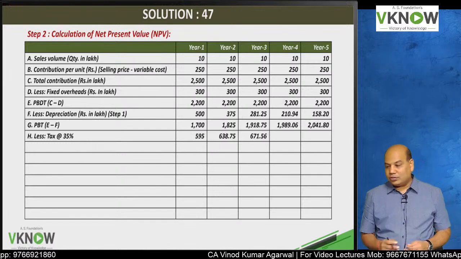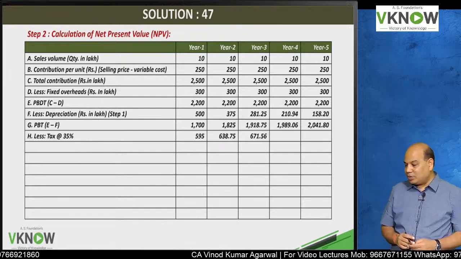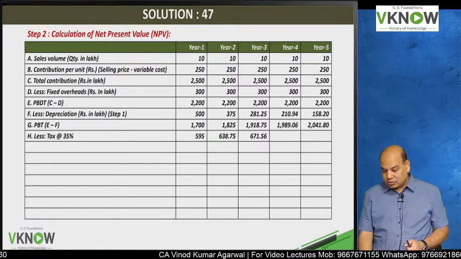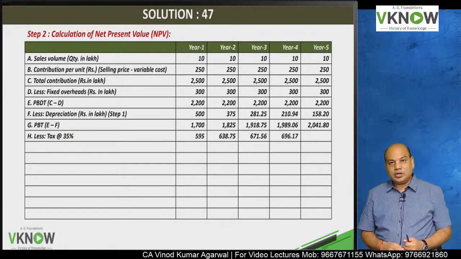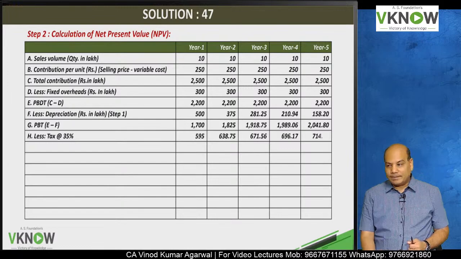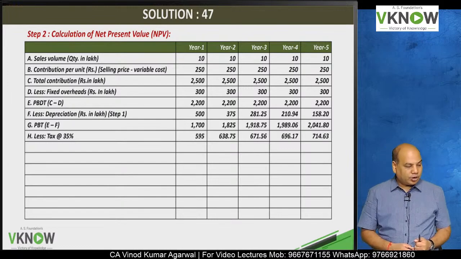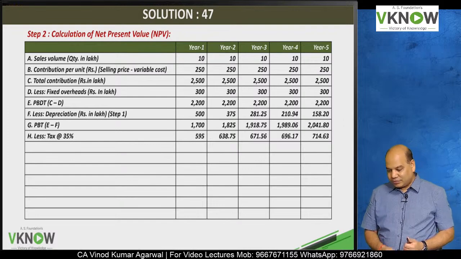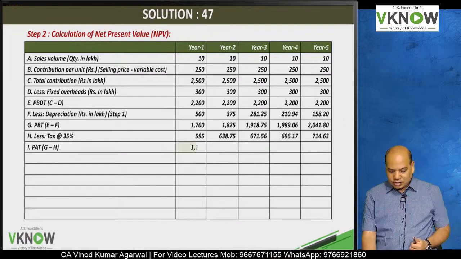Next one, type the number PBT and press equal to. 671.56, 696.17, 714.63. Is this right? Is the tax calculation right?